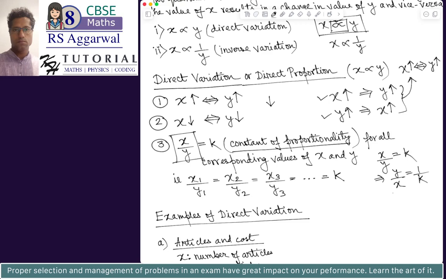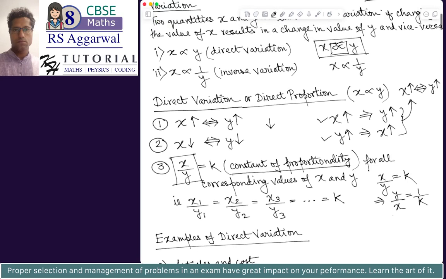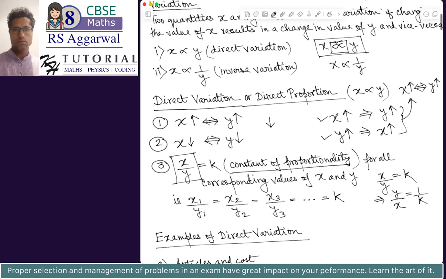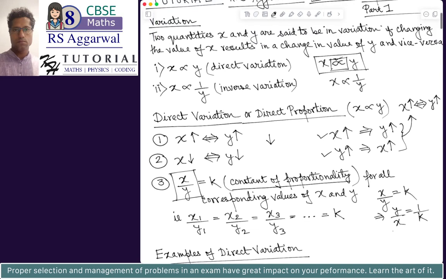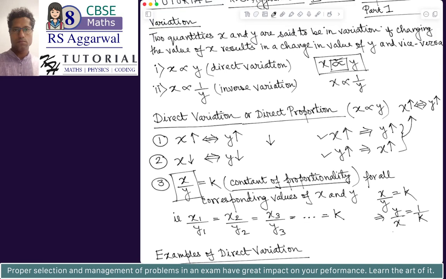Okay, so this is basically the fundamental concept of two quantities when they are in direct variation, and the relationship between the two quantities, and the result that x by y, the ratio of the two quantities x and y, is a constant. So this is super important for solving problems.